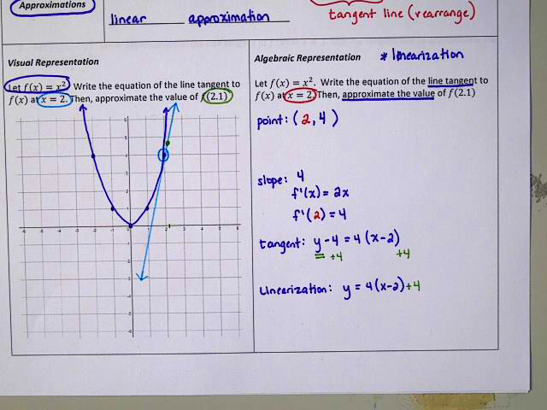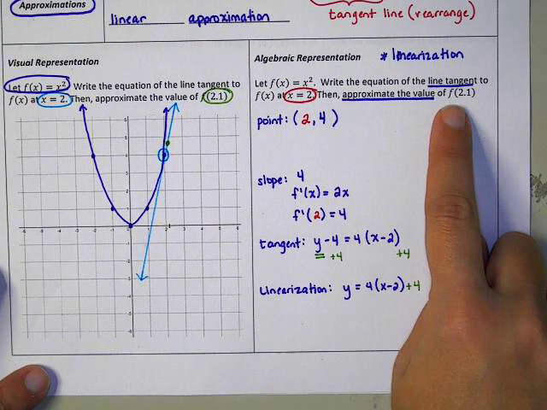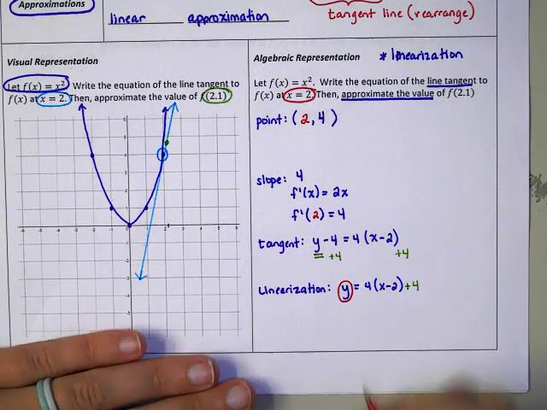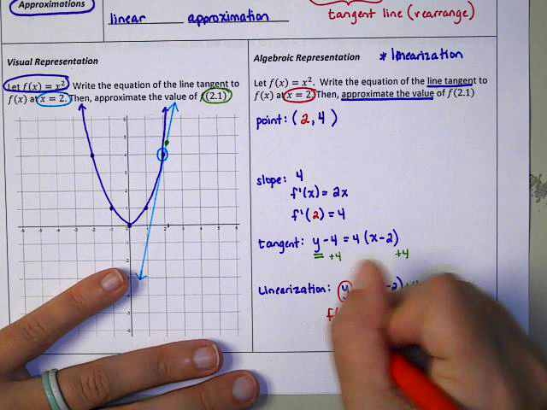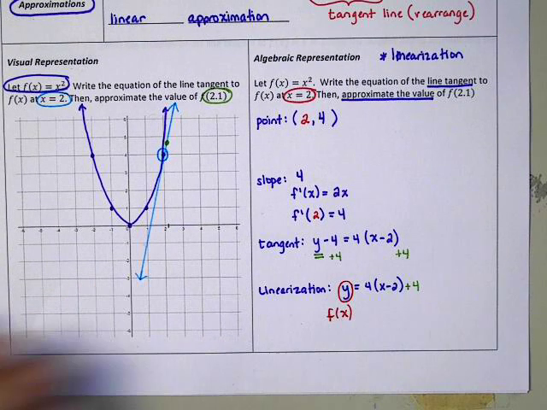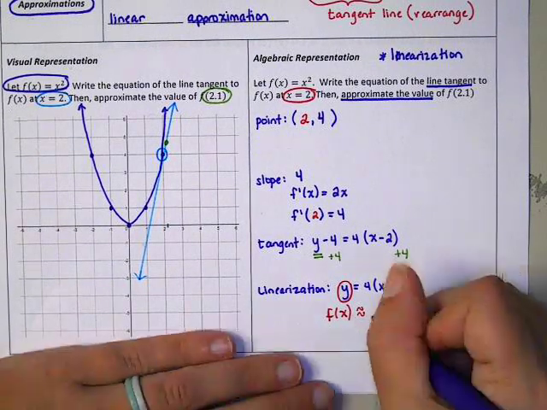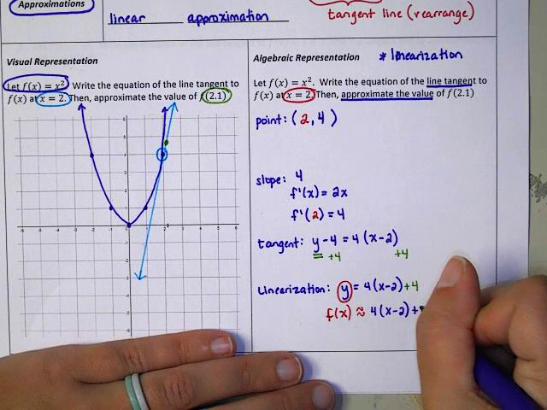And then, and this is the part that's just a notational thing that you need to be aware of, because we're using this to estimate values of f, we're going to change y into f of x, and we're going to say is approximately equal to 4 parentheses x minus 2 plus 4.